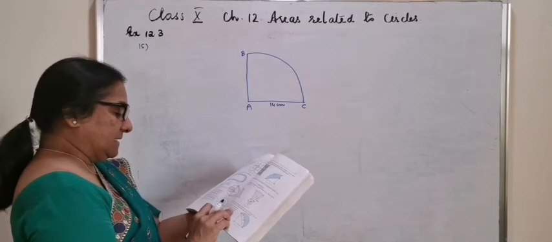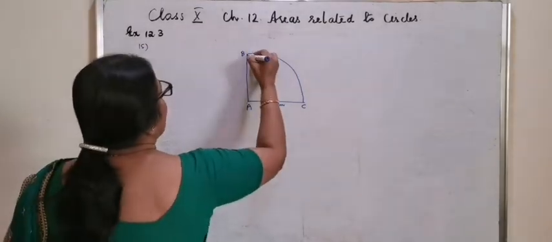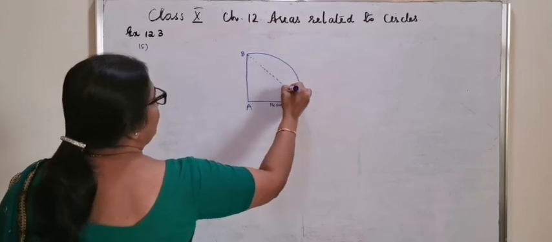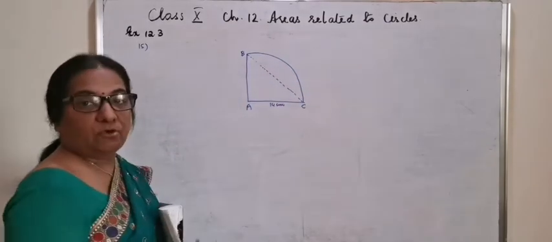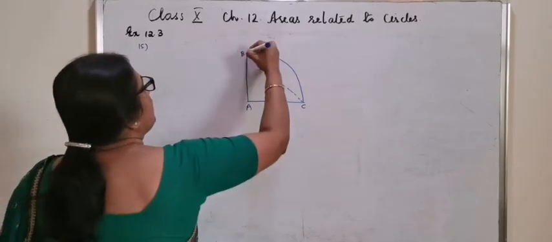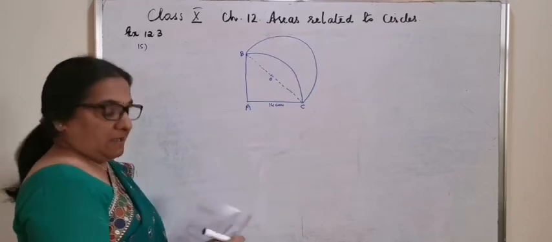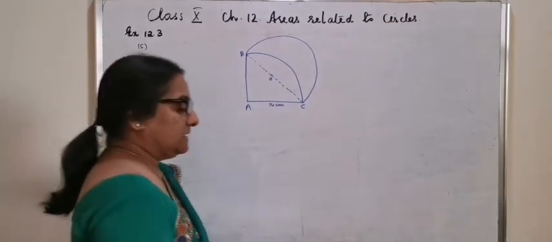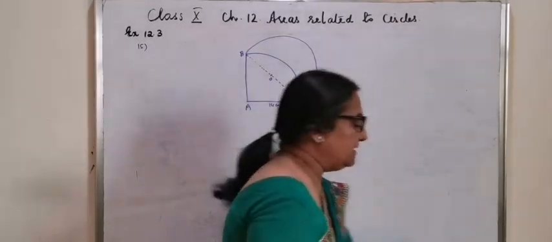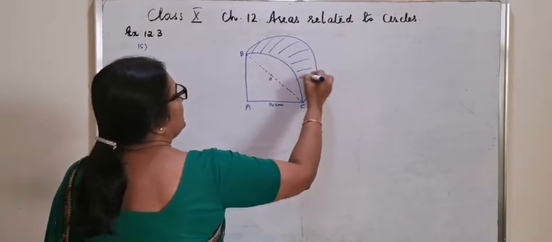And a semicircle is drawn with BC as diameter. That means you have to join BC. You don't know the length of BC. With BC as diameter, a semicircle is drawn. Find the area of the shaded region. You are asked to find out the area of this shaded region.